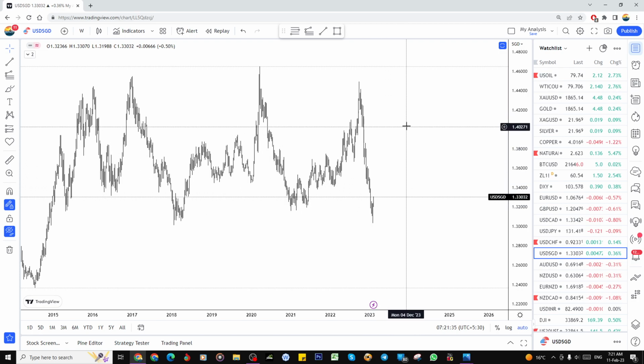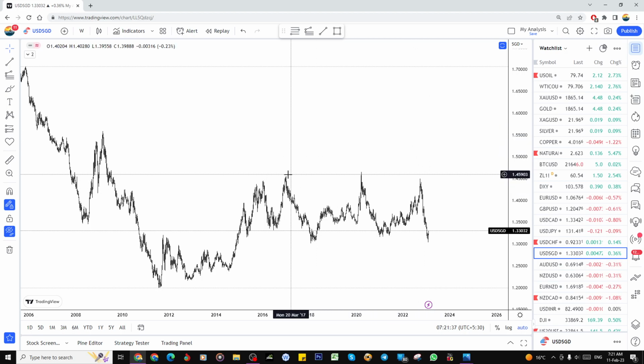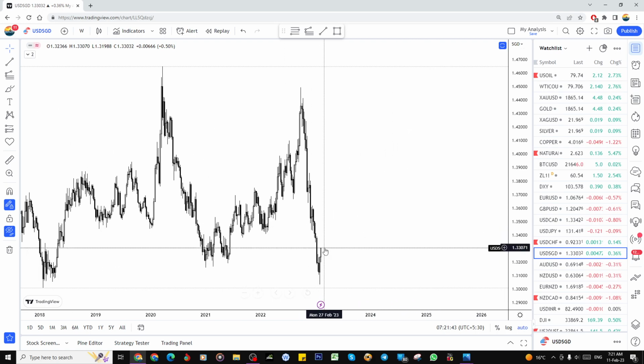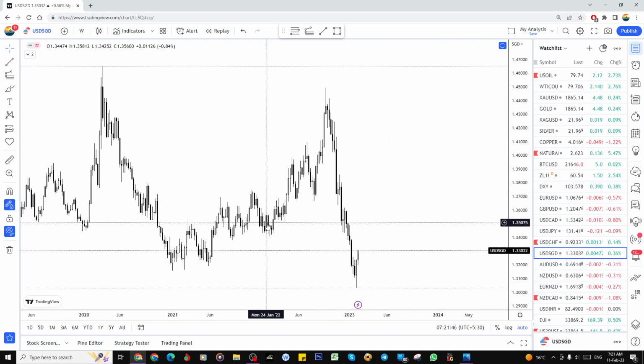If this is the impulsive wave, it will definitely go beyond this level. If it is the correction part, but as per my knowledge, this is not looking like a correction.